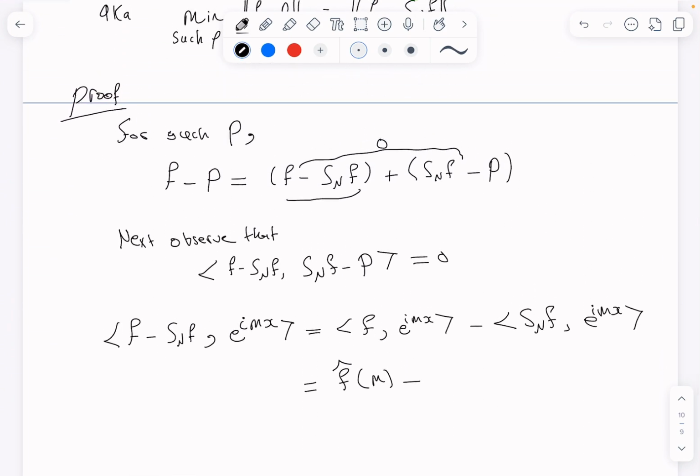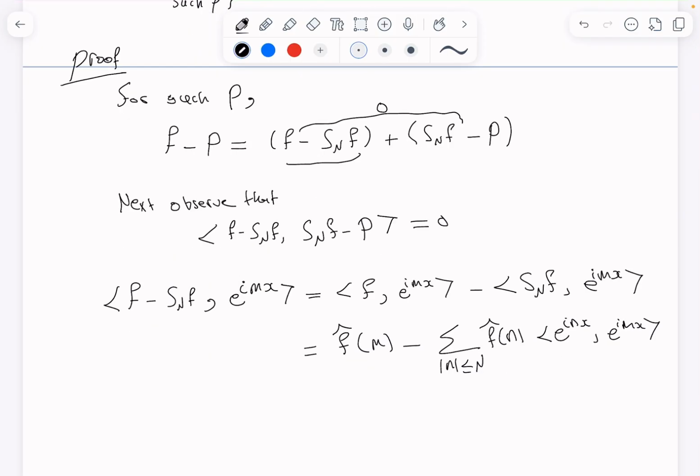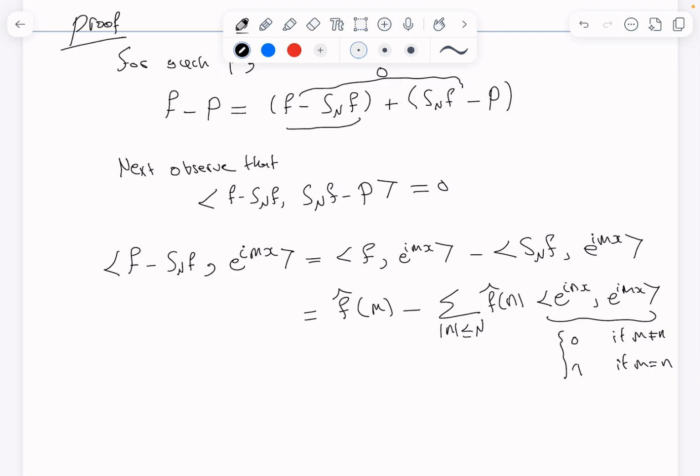So this becomes the sum over n less than or equal to N of f hat of n times the inner product of e to the i n x with e to the i m x. And we know by a previous theorem from last lecture that this is 0 if m is not equal to n, and it's 1 if m is equal to n. In other words, the only thing that survives from that sum is just the n equal m term.